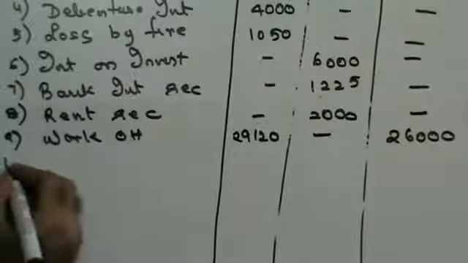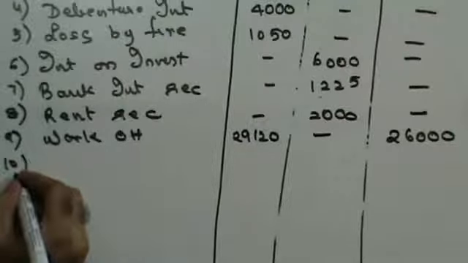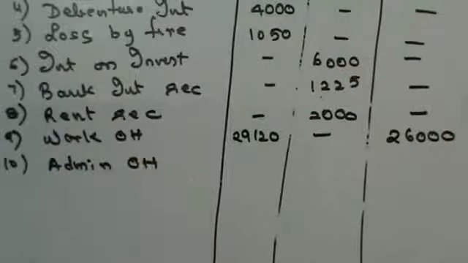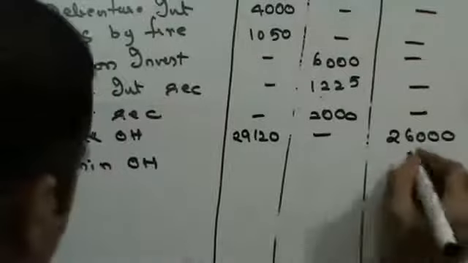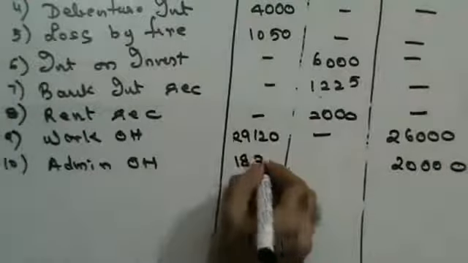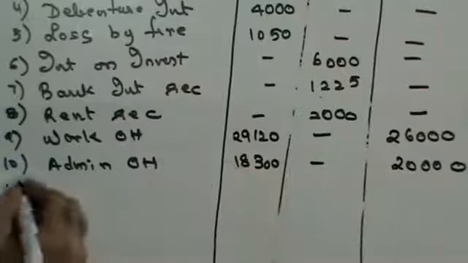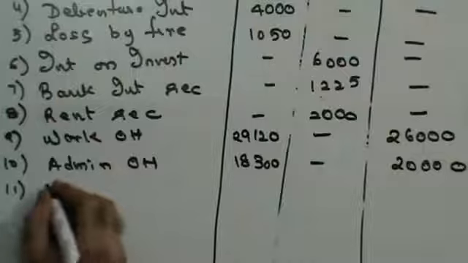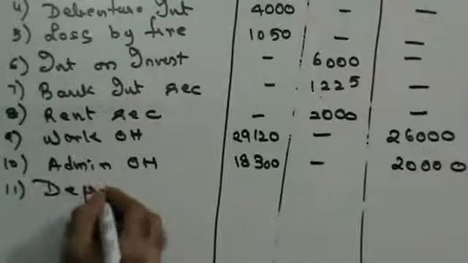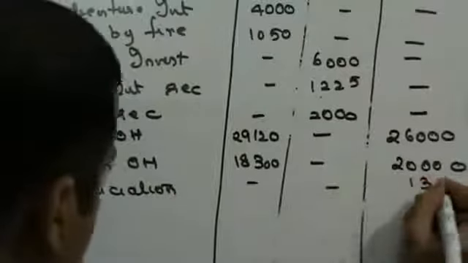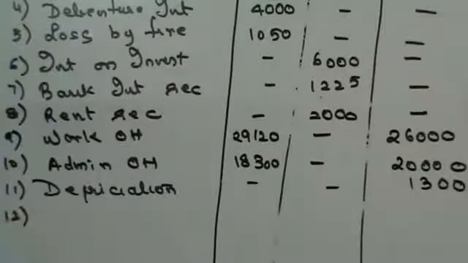Next, in cost account, administrative overheads have been estimated to 20,000, whereas in financial account it has been debited to 18,300 only. In cost account, excess charge for depreciation. Depreciation is excess in cost account to the extent of 1,300.